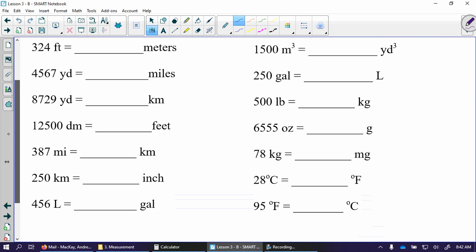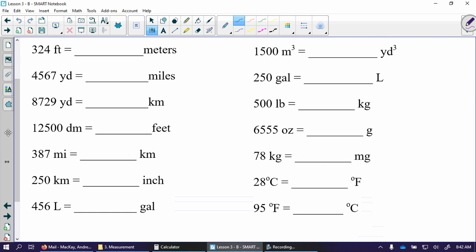So you can try to go through some of these. I would save this for the end of class because the supply teacher will probably show this, and I'm going to go through the next set of stuff, which is just calculating area, which hopefully won't take a whole lot of time. So you should have some time at the end of class to play with your phone or tablet or whatever to try to get some of these.